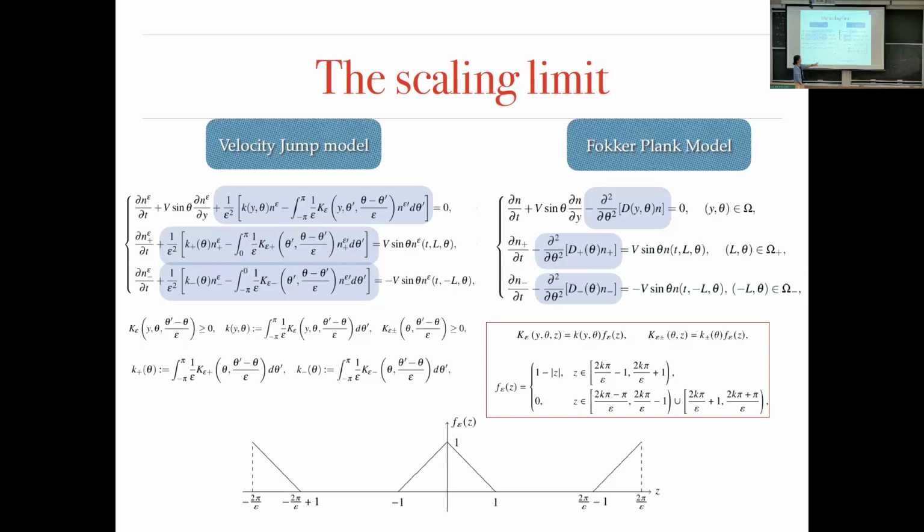It just mimics the fact that the movement direction changes only a little bit in each tumble, because if you look at the sine here, it's very long range. But because that variable is theta divided by epsilon, there is the singularity here. So this is what happens in the middle.